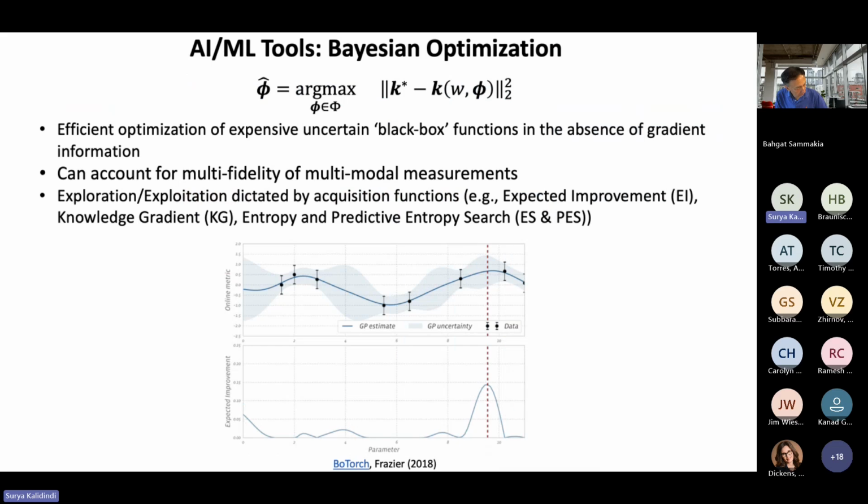Doing it this way, you actually get to quantify the uncertainty involved, and you're able to propagate it through your system. Now I move to slide 10, and essentially this has to do more with optimization.